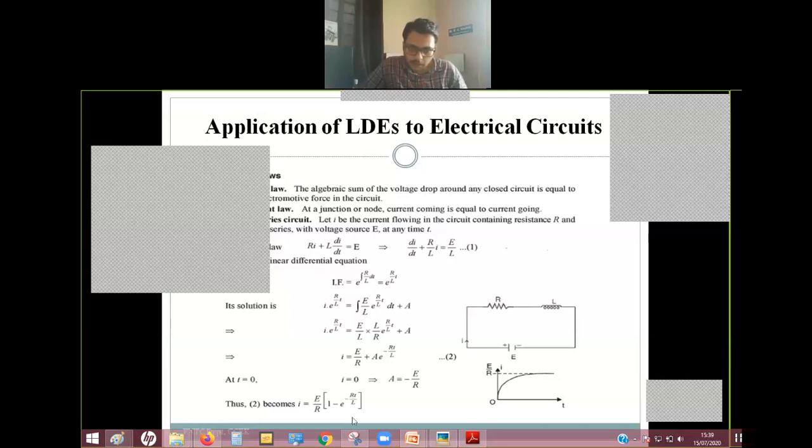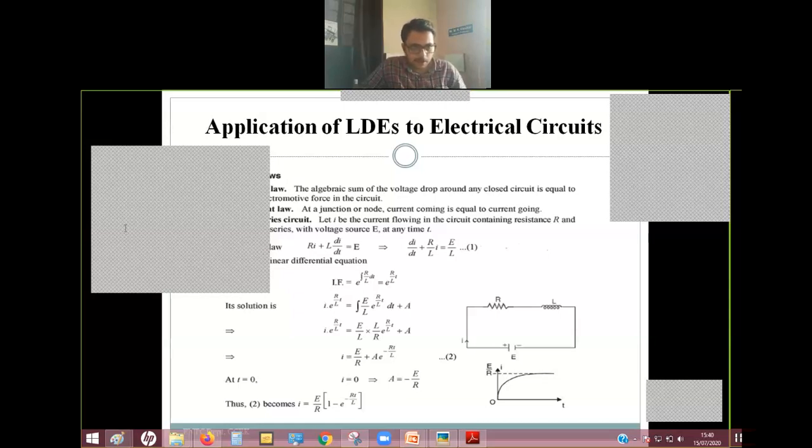Only this term, e raised to minus Rt by L, because if you understand this term, then this graph is very simple for you. Yes, please tell. e raised to minus something will have an exponentially decreasing graph.